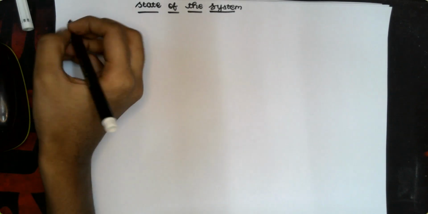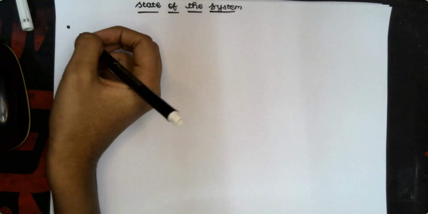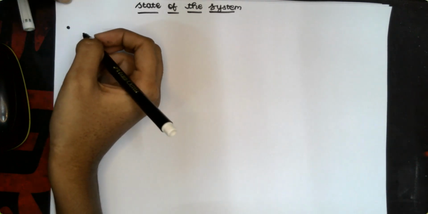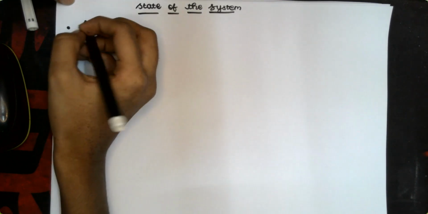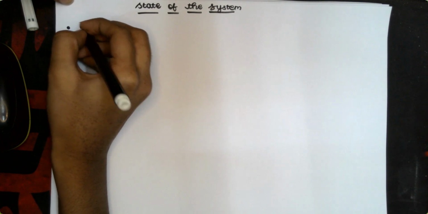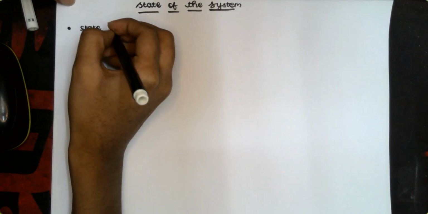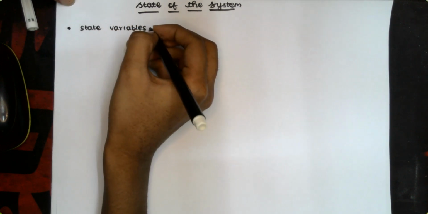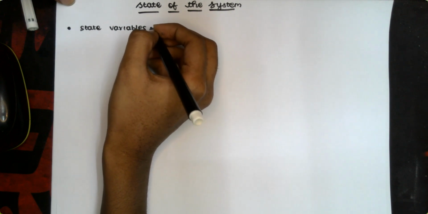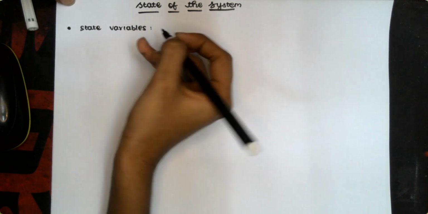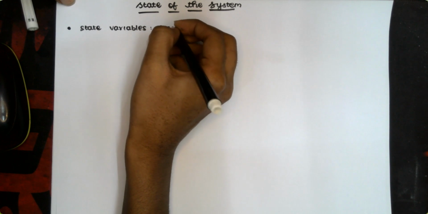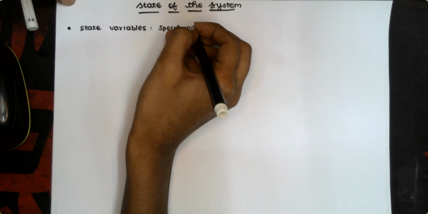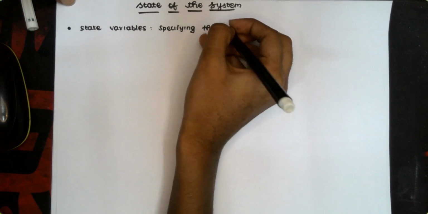The state of the system. In fact, the state of the system can also be called state variables. We should describe the system in order to make some useful calculations by specifying the system quantitatively, either in terms of pressure or volume or temperature or all.